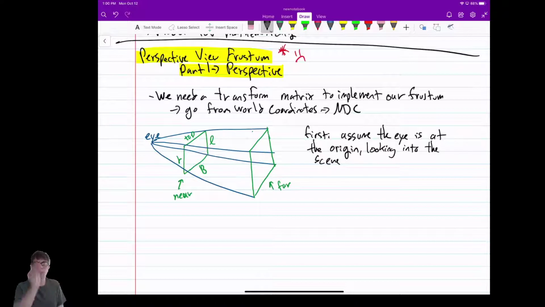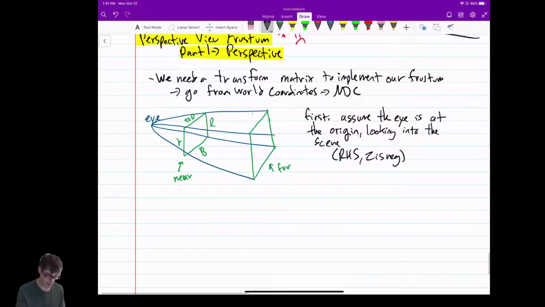So I'm at the origin, I'm looking into the scene, right-handed coordinate system, I'm looking down the negative z-axis. Okay, that's the first thing we want to do. Luckily, we've already solved this with our camera transform. So we set up our camera so that we're in camera space. I'm looking down the z-axis. We've already achieved this.